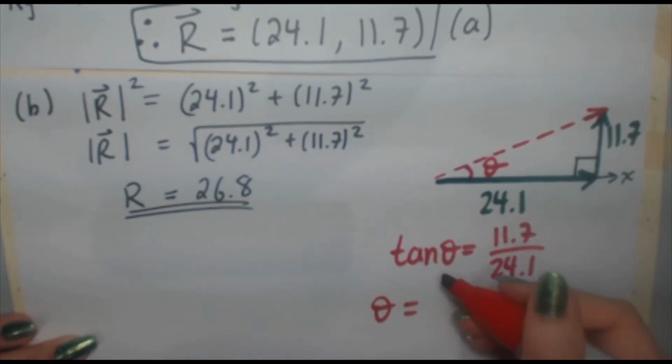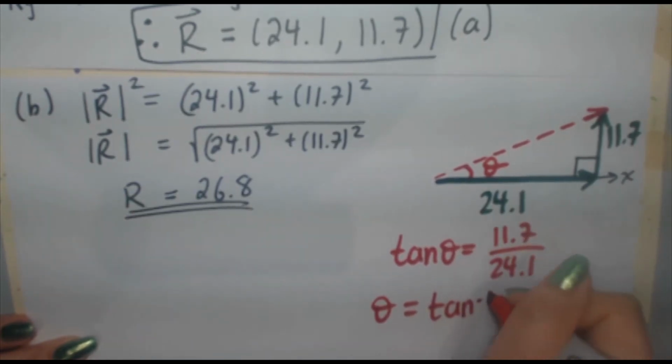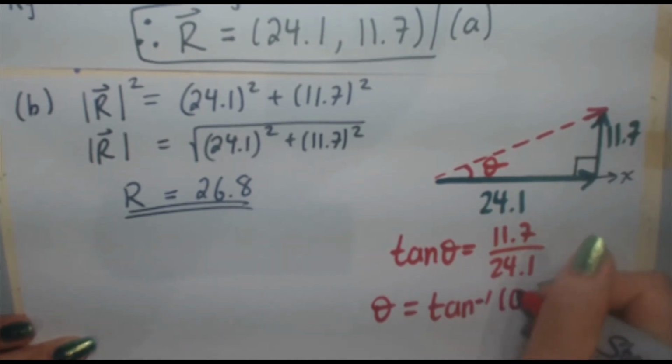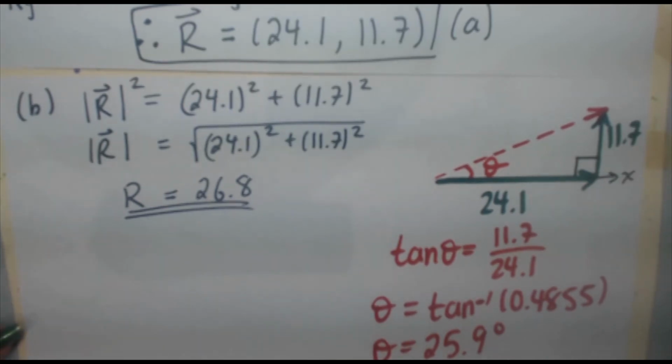To get rid of tan, you have to take the inverse tangent. When you take the inverse tangent on the left, inverse tangent of tangent gives you 1, so we're left with theta on the left. On the right, inverse tangent of the value that I just quoted you, 0.4855, gives you an angle measure of 25.9 degrees. Okay. So there we have our angle.